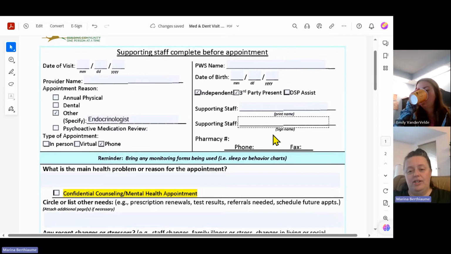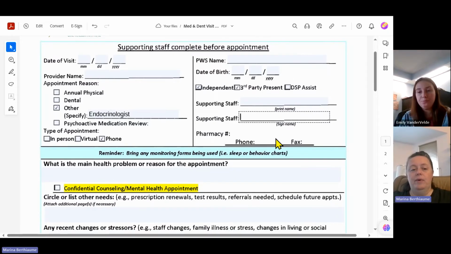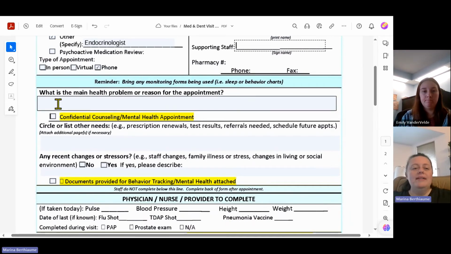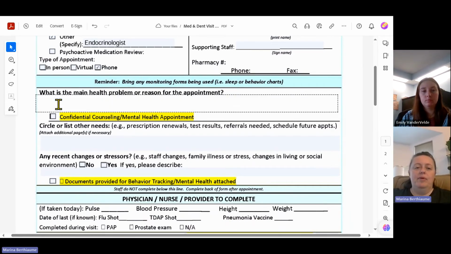The pharmacy information will already be filled out for you. What is the main health problem or reason for the appointment? For an annual physical, you're just going to do a couple word description of what the person you're supporting is going for.